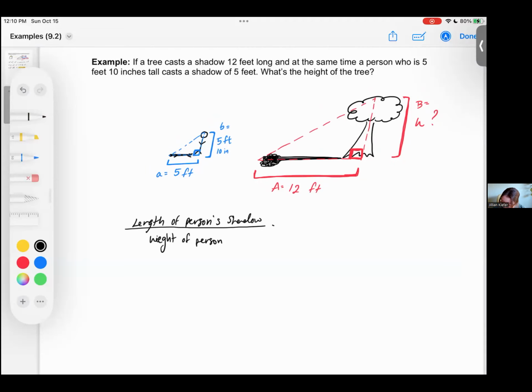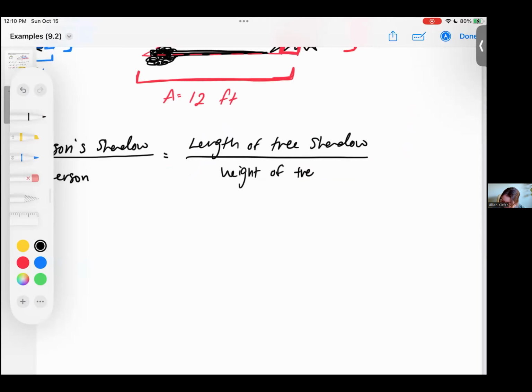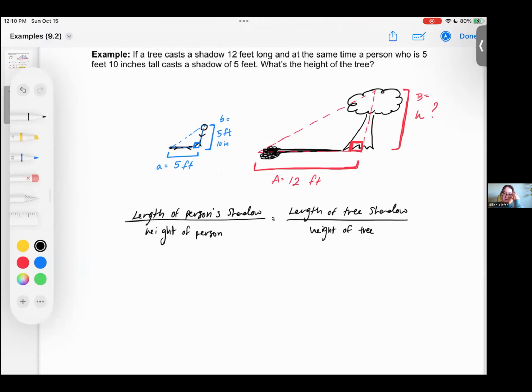That ratio should equal the same ratio for the tree. So the length of the tree shadow should be the same ratio for the height of the tree. So these ratios should be the same, and we're going to set up this ratio here.